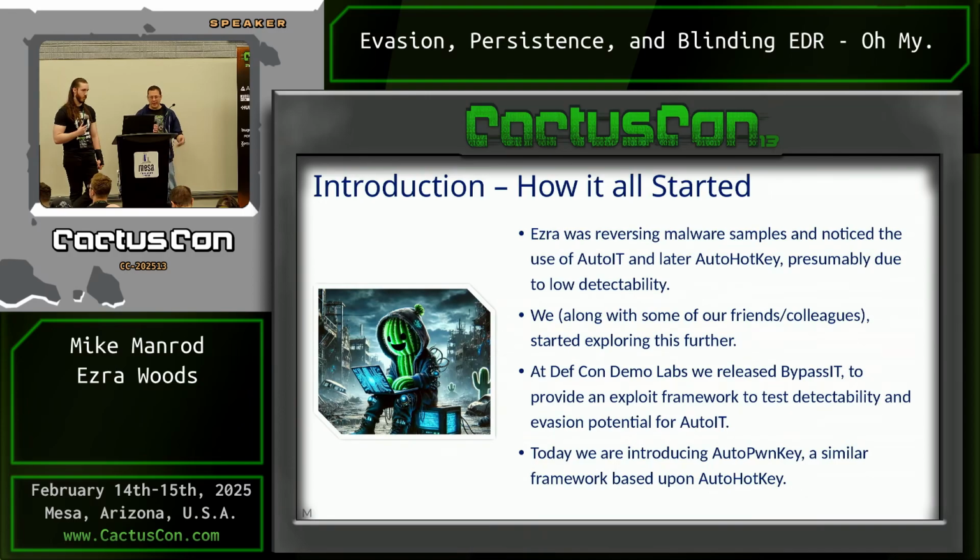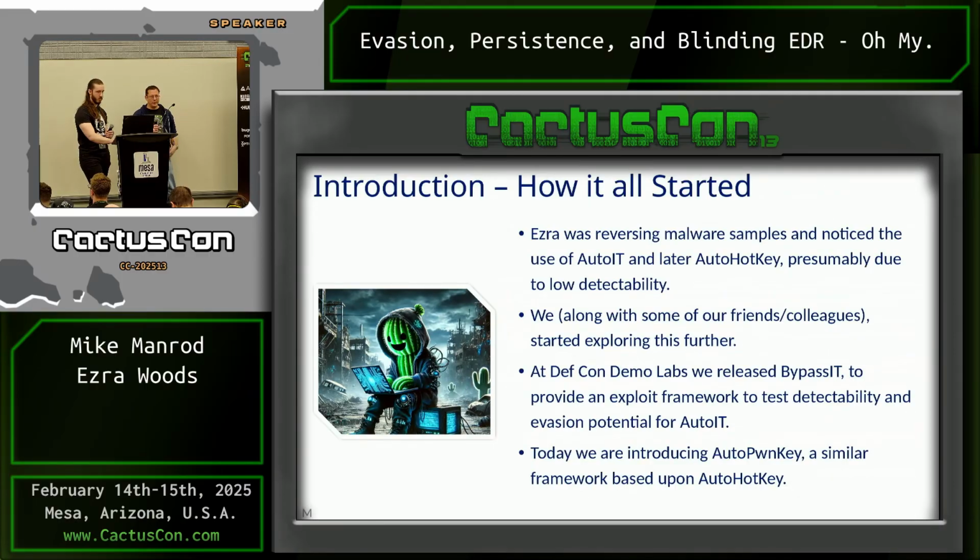Then at Demo Labs, we released Bypass It, an end-to-end testing framework with AutoIT. A week or two after CactusCon last year, DarkGate switched to using AutoHotkey. We thought that was interesting and that we should explore AutoHotkey as well.